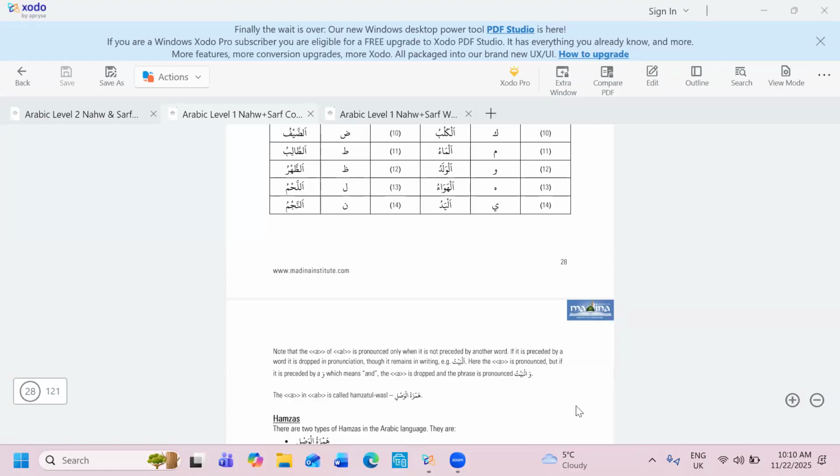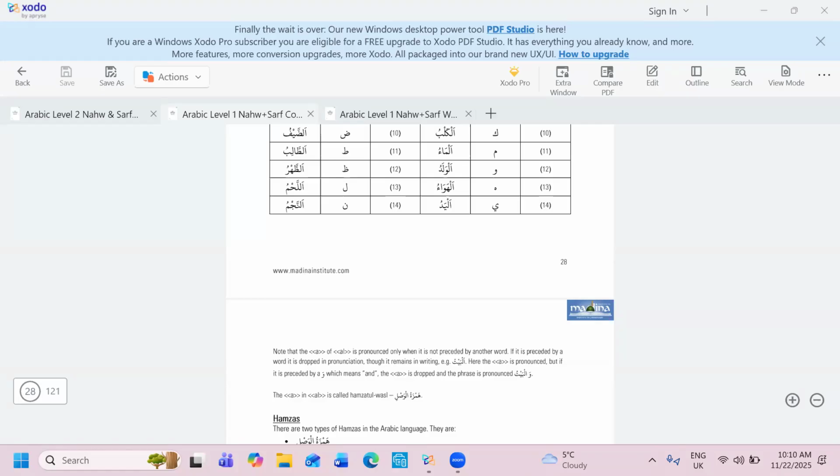Then we have the al, and if you look at the al, there are 2 parts: the alif and the lam. We said sometimes that lam in the al, we pronounce it, and sometimes we don't.